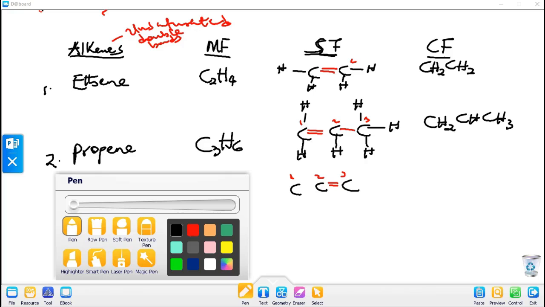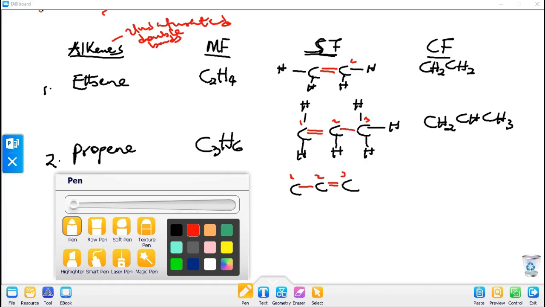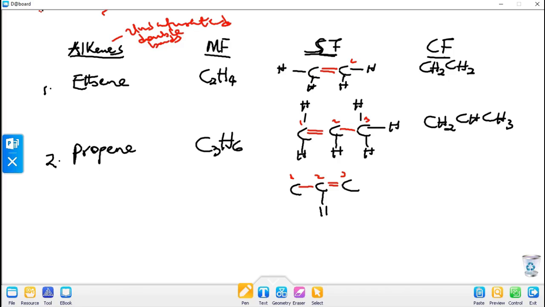Carbon 2 will have its single hydrogen as before, because now it is going to have 4 bonds. Carbon 3 will have 2 hydrogens as it has 2 already, while carbon 1 will have 3 hydrogens.